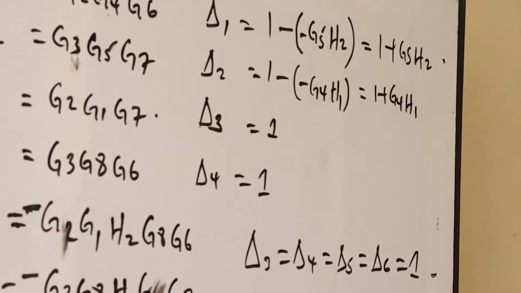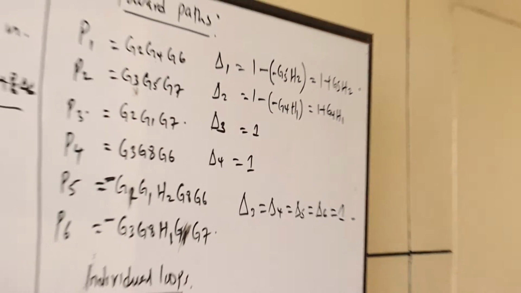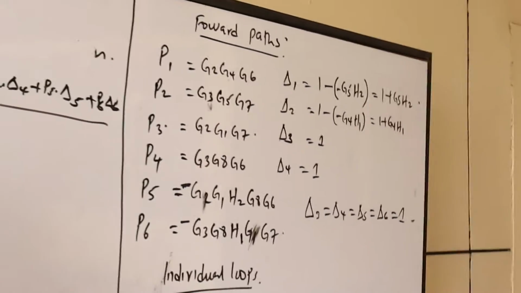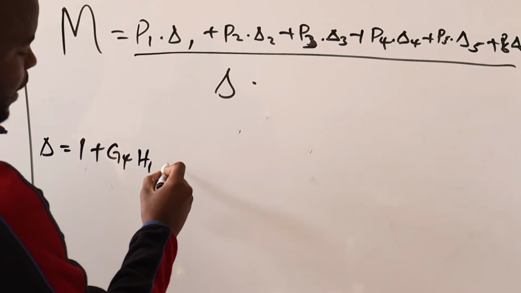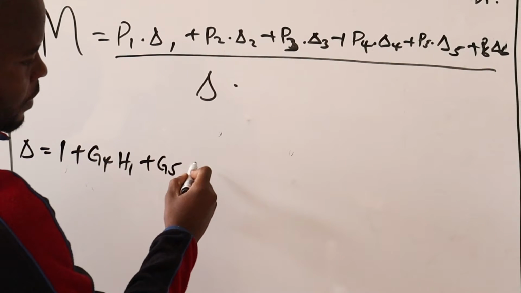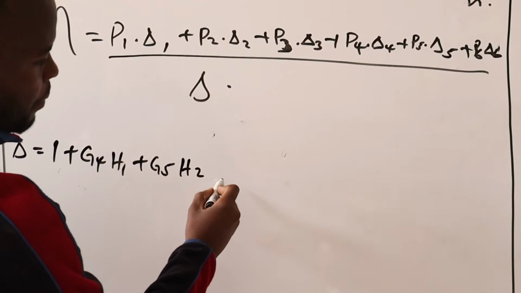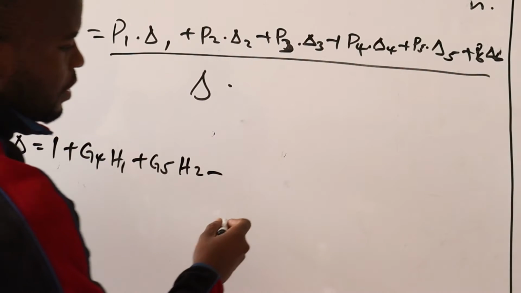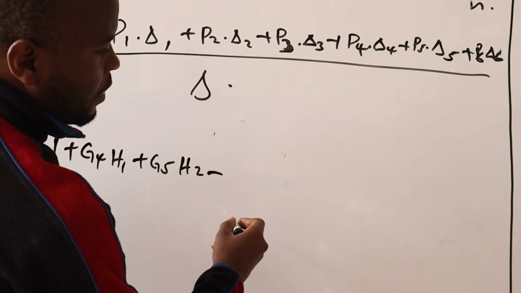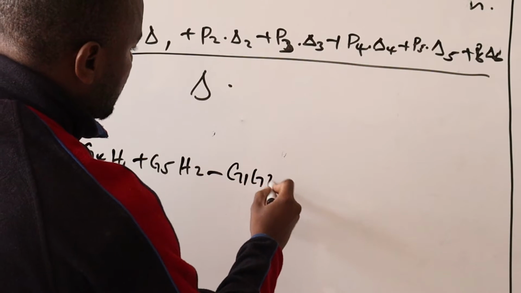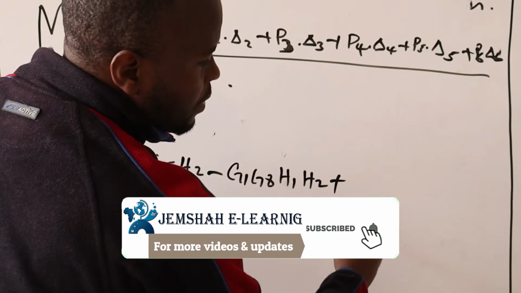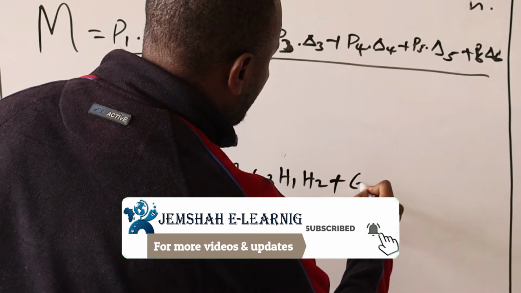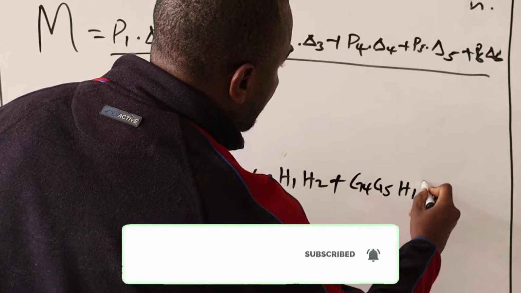The overall determinant will be 1 plus G4 H1 plus G5 H2, minus G1 G8 H1 H2, and plus G4 G5 H1 H2.